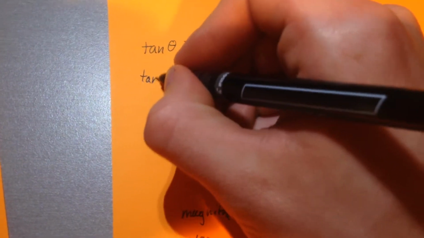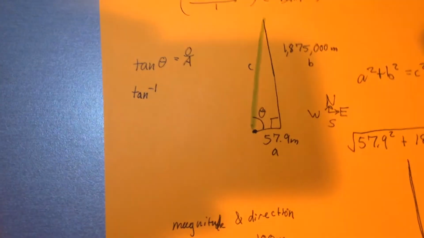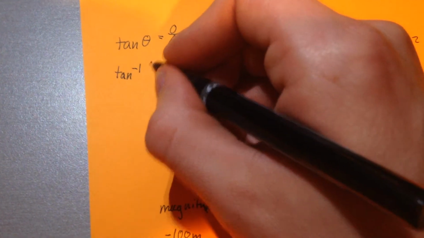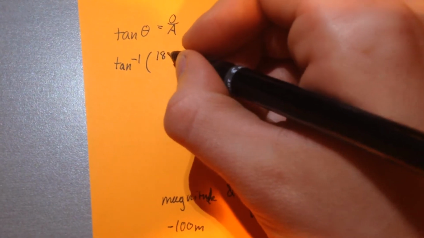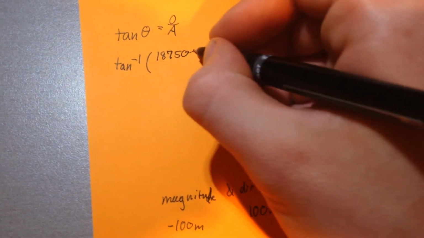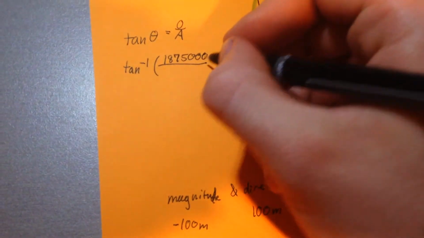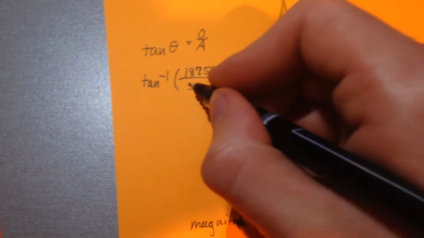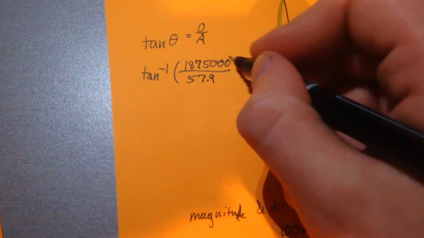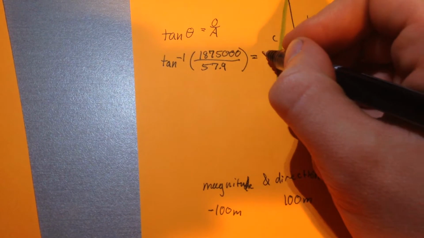So arctangent, or inverse tangent, of 1,875,000 over 57.9 equals theta.